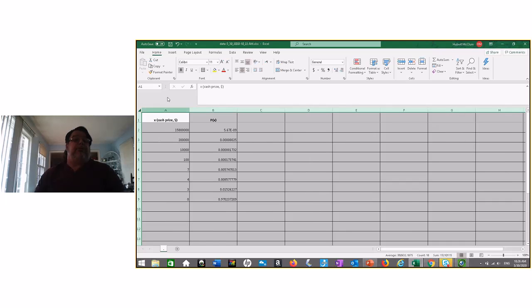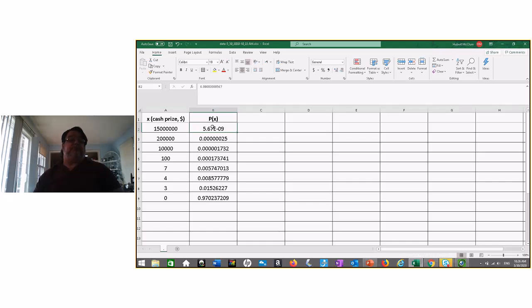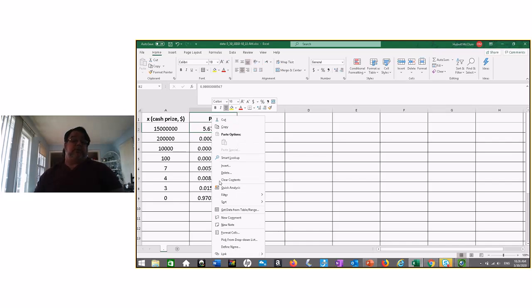And let's center everything. And let's make everything a little bit bigger. There. That's a little bit better. And let's change this one to 10 digits.